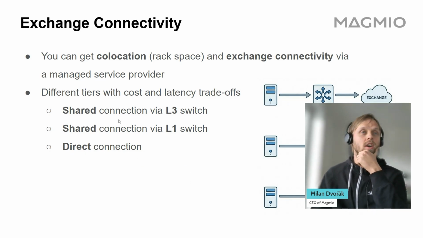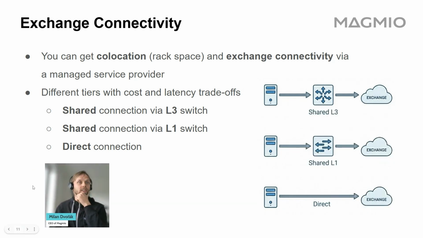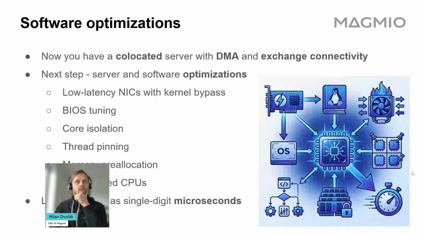So it's not being shared, but your server or your infrastructure can be connected directly to the exchange. So now when you're co-located and you have your own server connected to the exchange, the next step is optimizations of the software and server.